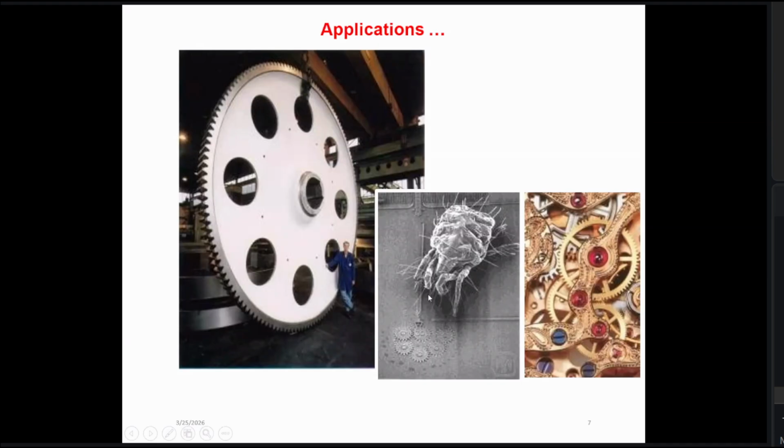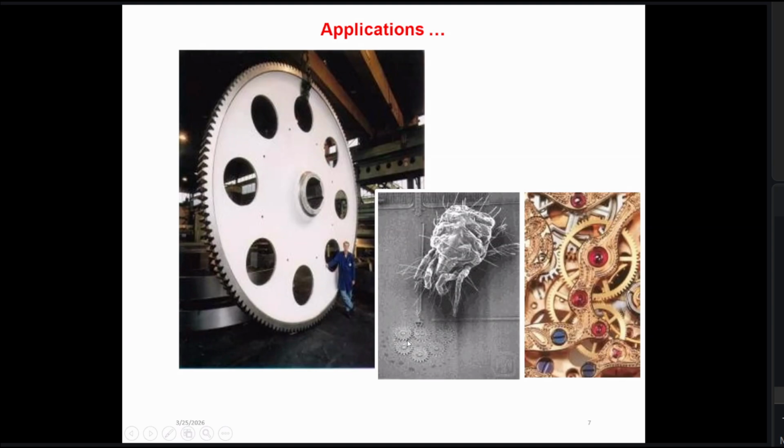And also, similarly, can you see these gears which are located here? So this is an image which is taken using a microscope, and here you can see a small insect. Compared to this insect, you can have an idea about the pitch circle diameters of these micro and nano gears, right?